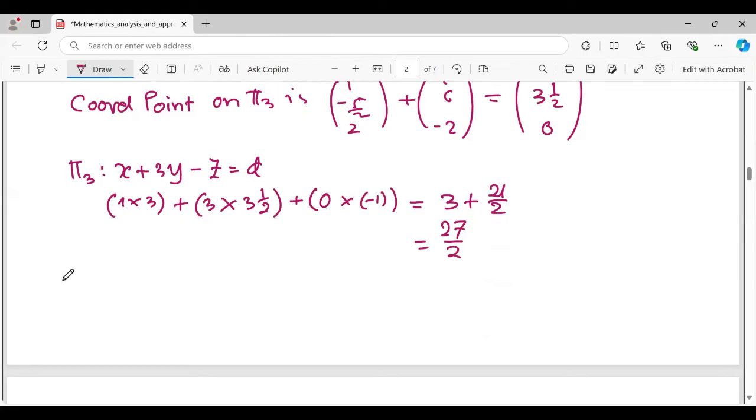So the equation of plane 3 is x plus 3y minus z equals 27 over 2.